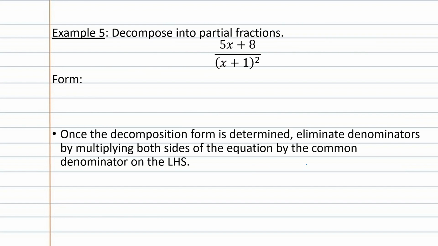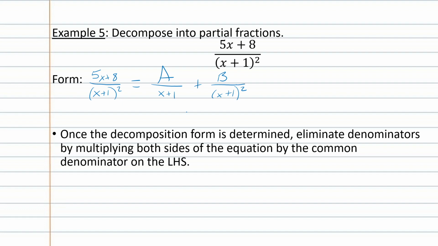Now, let's look at this example: 5x plus 8 over x plus 1 squared. The form we're going to change this into is a over x plus 1 plus b over x plus 1 squared.